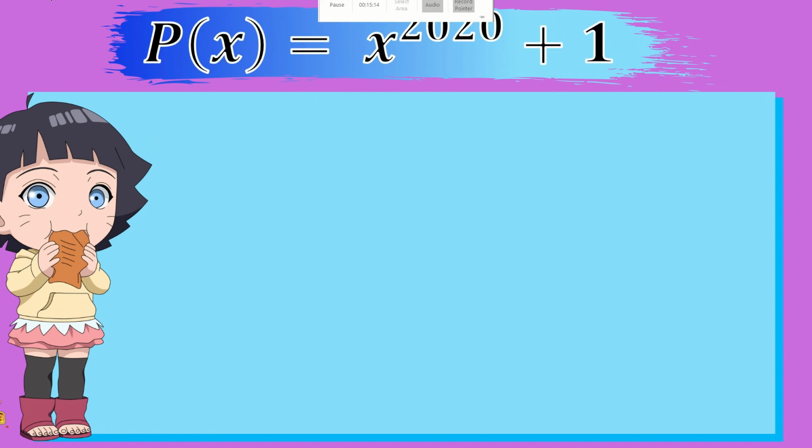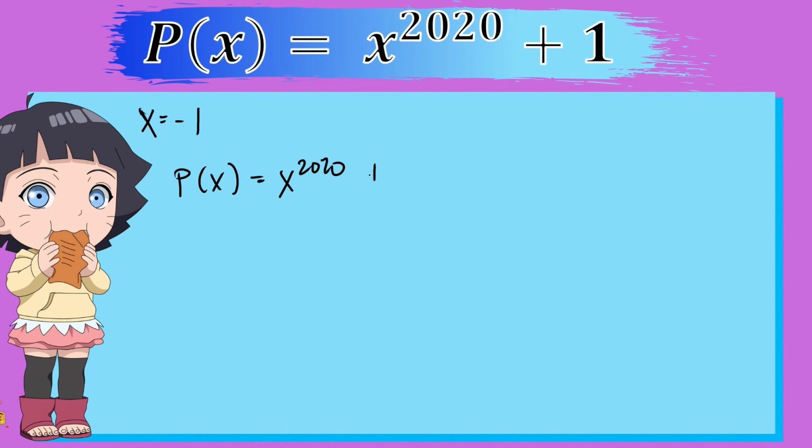So again, ang value ng x natin is negative 1. Substitute lang natin doon kay function na x raised to 2020 plus 1. So we have p of negative 1 is equal to negative 1 raised to 2020 plus 1.